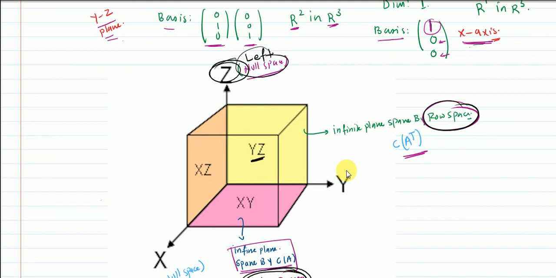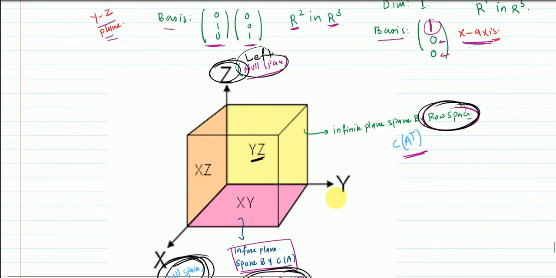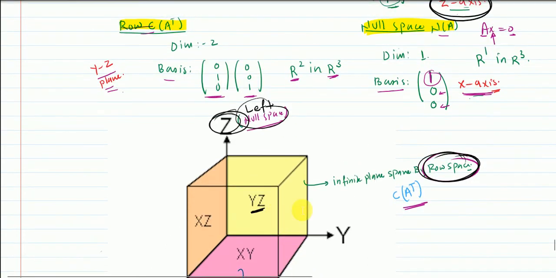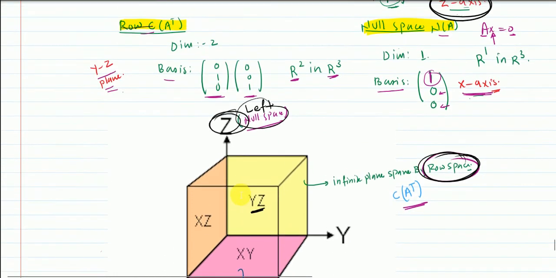And if you look at the null space, that is our x-axis. So these are perpendicular, right? The row space and the null space. So in this specific example, I think that justifies the theorem.